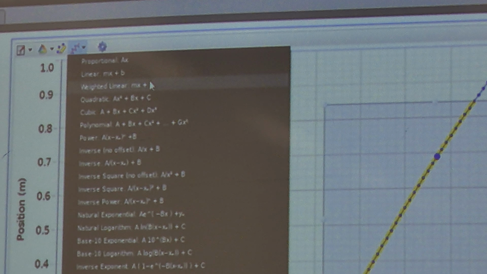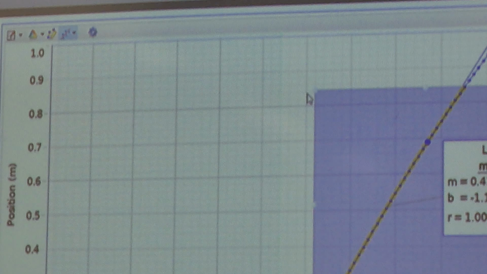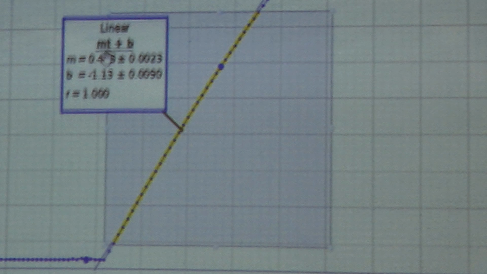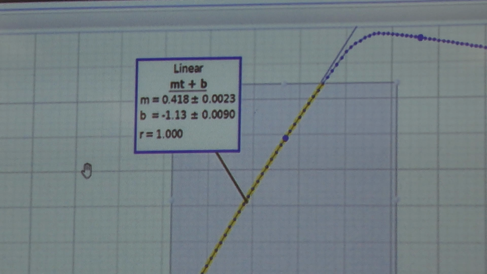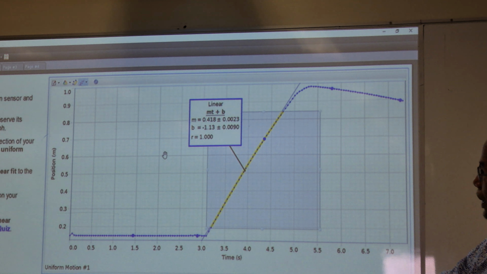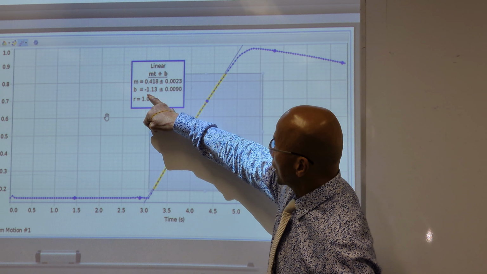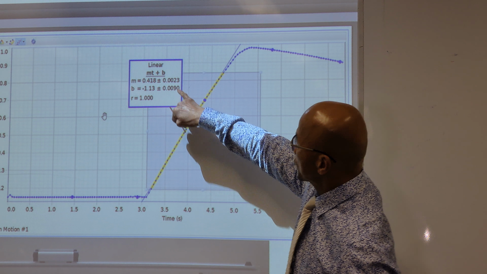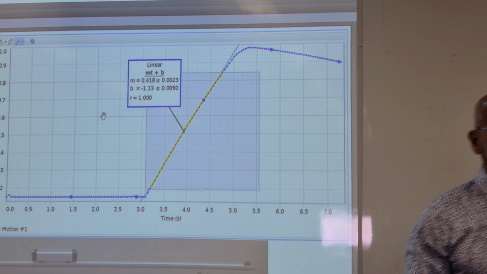You can just click on that, and right away it'll give you the slope and the y-intercept. Never mind about the other numbers. What we're concerned with is the 0.418 and the negative 1.13. This just basically tells us the correlation coefficient, how good they are in relation to the points.